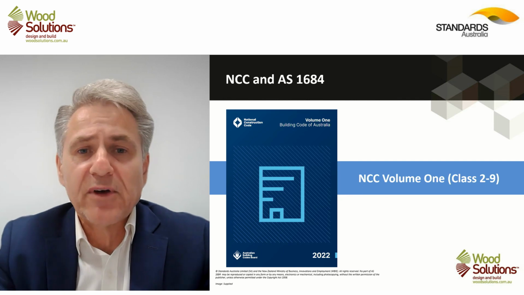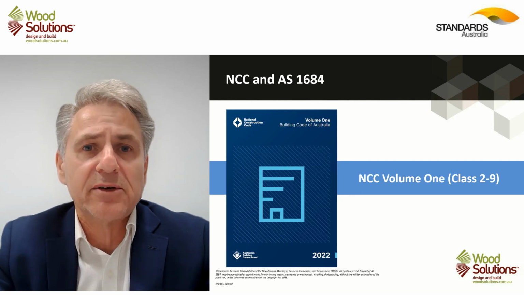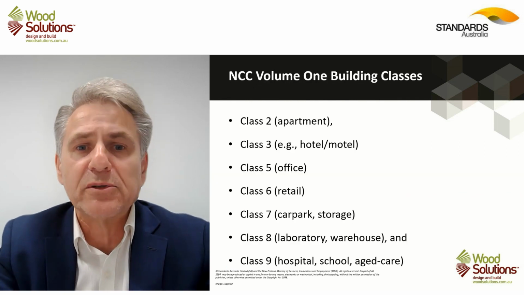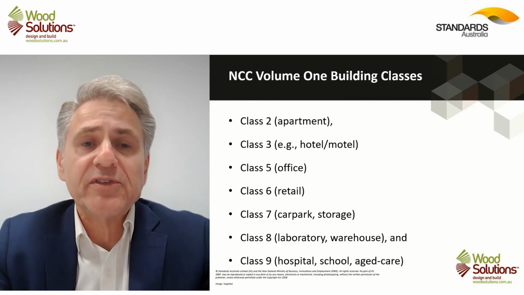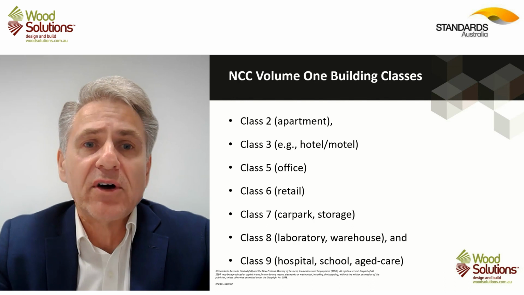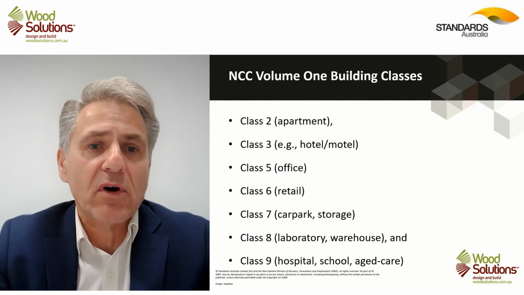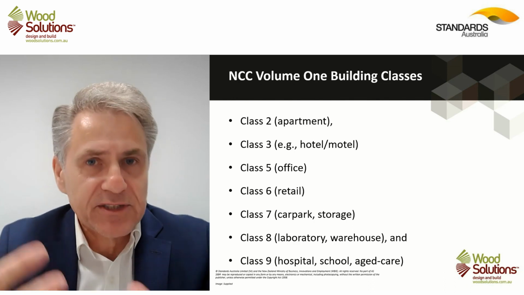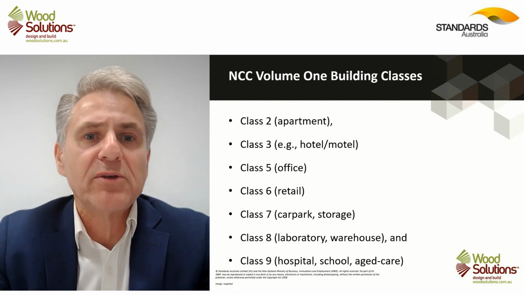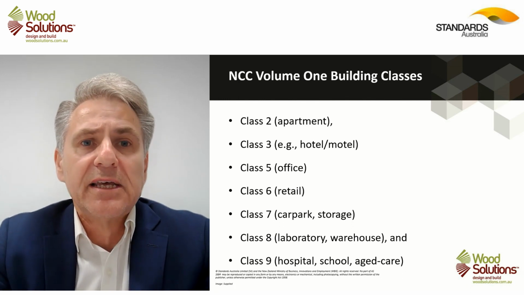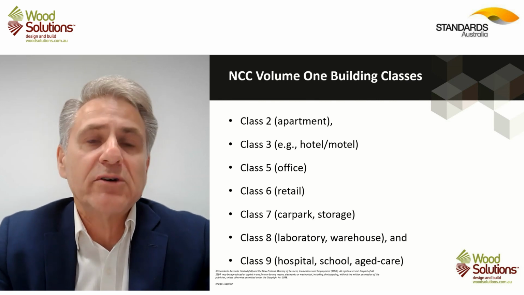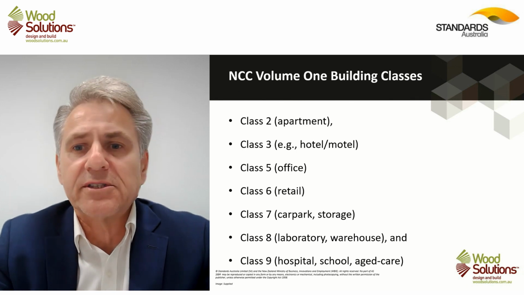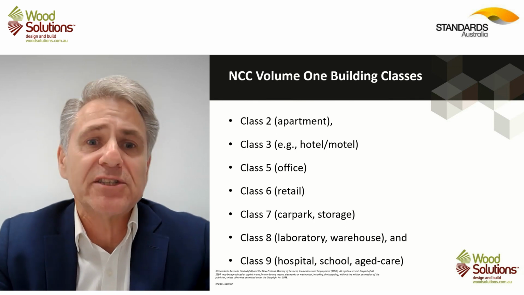So if you just quickly focus on Volume 1, as I mentioned, commercial type buildings. Under the structural provisions, we can design low-level or low-rise buildings, considering the loads that are being applied within each of those structures. So we can build anywhere from an apartment building to a hospital building, but they'll be low-rise, so 1 storey, potentially 2.